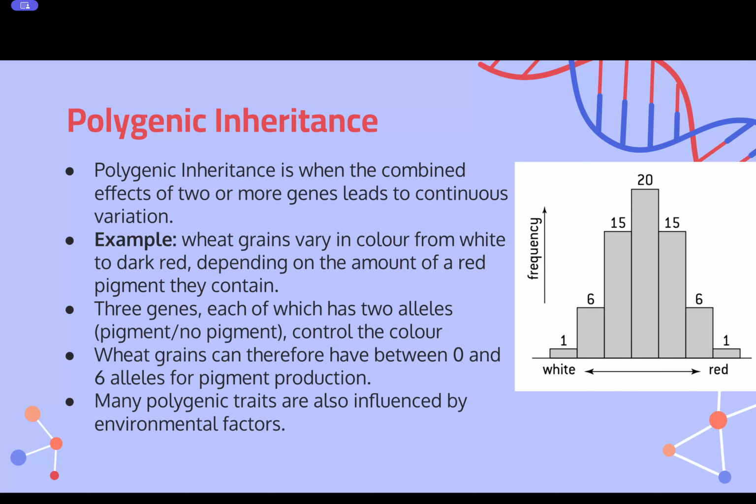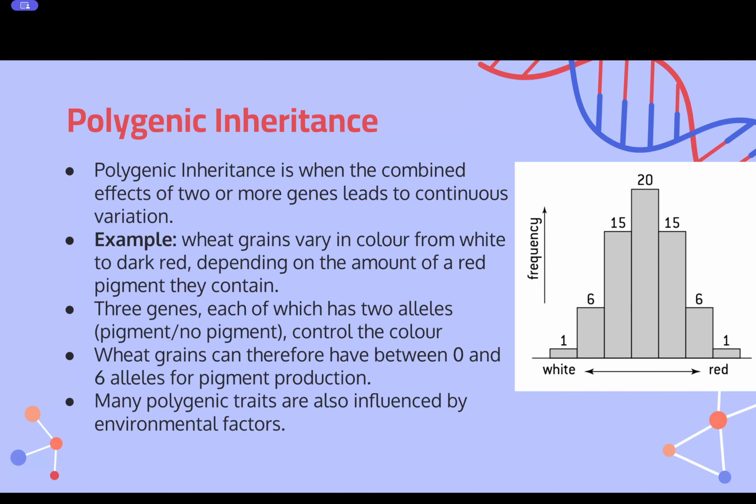So polygenic inheritance is when the combined effects of two or more genes lead to a continuous variation. Not going into this particular example, but if you want to think about continuous variation, think of, for example, heights of people. The heights of a specific population can be continuous and there's an overlap between the frequency, even if they don't have the same exact one specific gene.